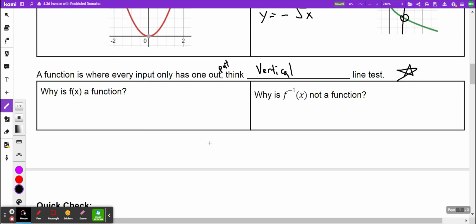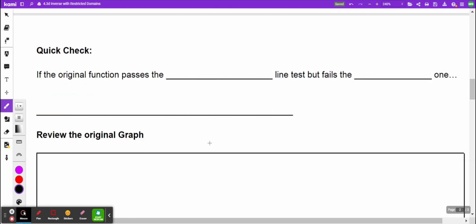So we come to the idea of, hey, we're going to need to restrict the domain.